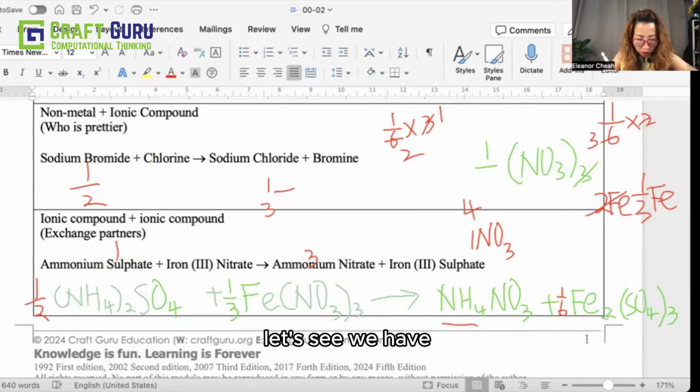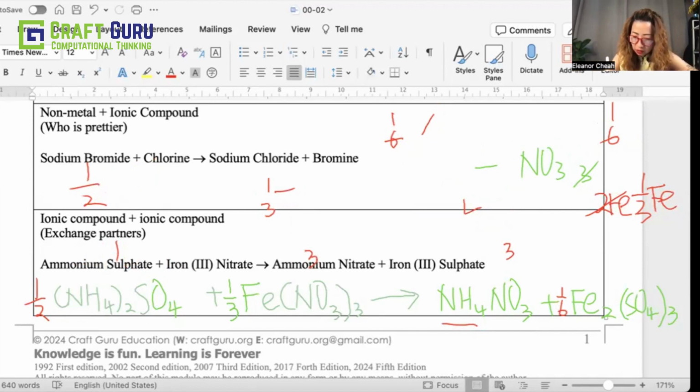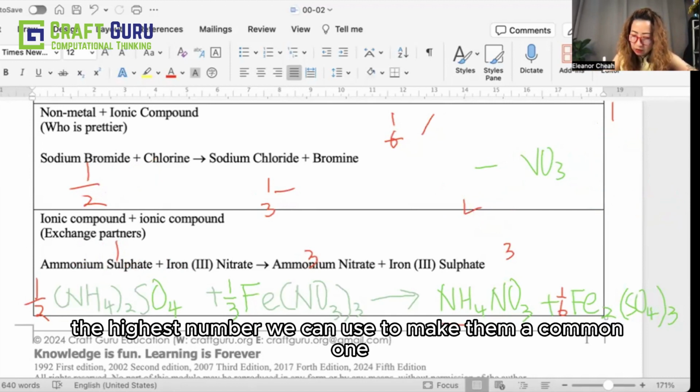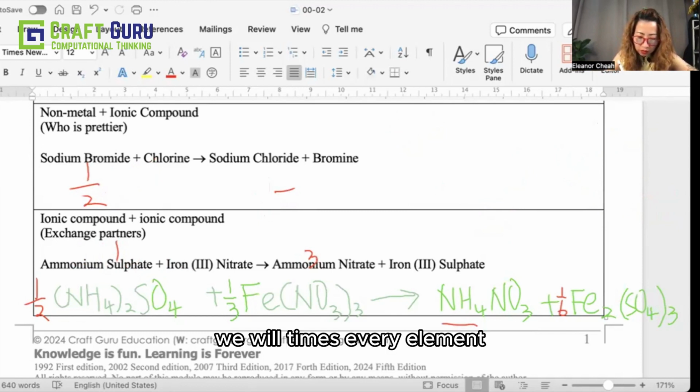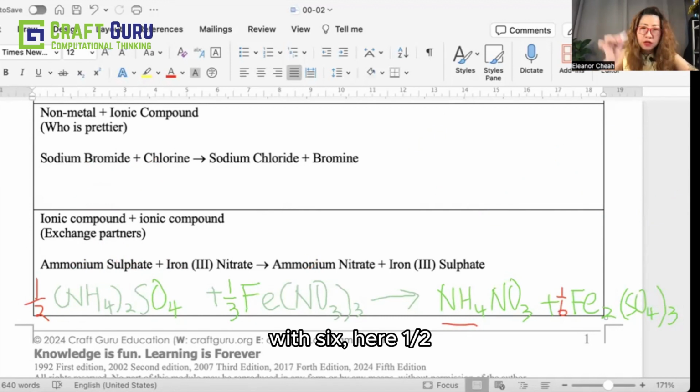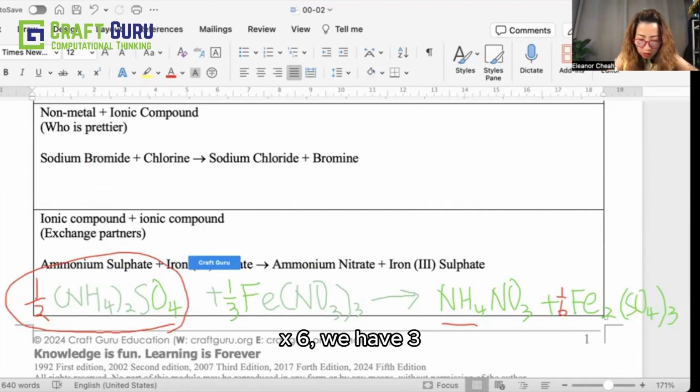Let's see, we have 1 over 2, 1 over 3, and 1 over 6. The highest number we can use to make them a common one is 6. So we will times every element with 6. So here, 1 over 2 times 6, we have 3.